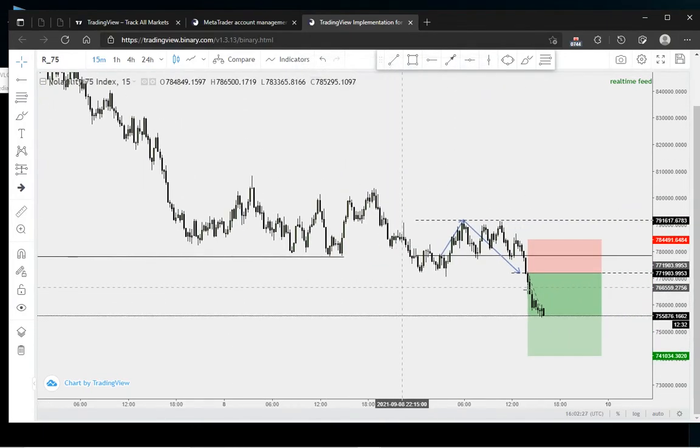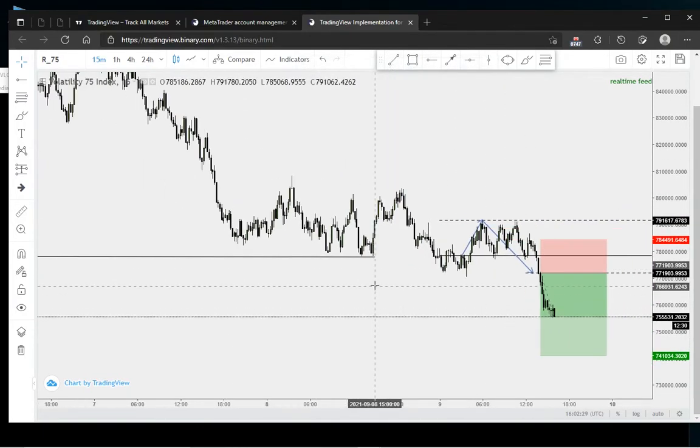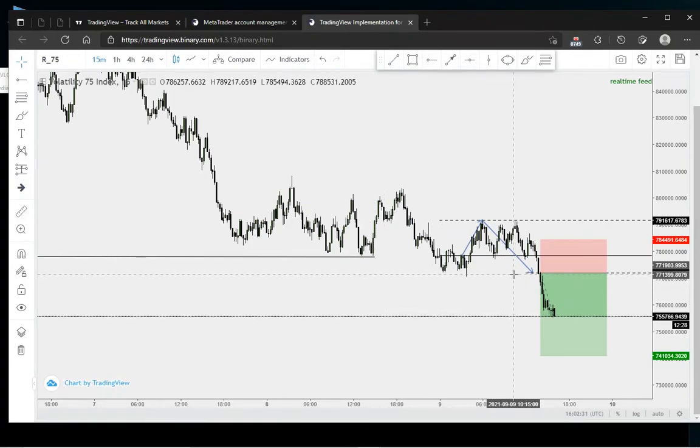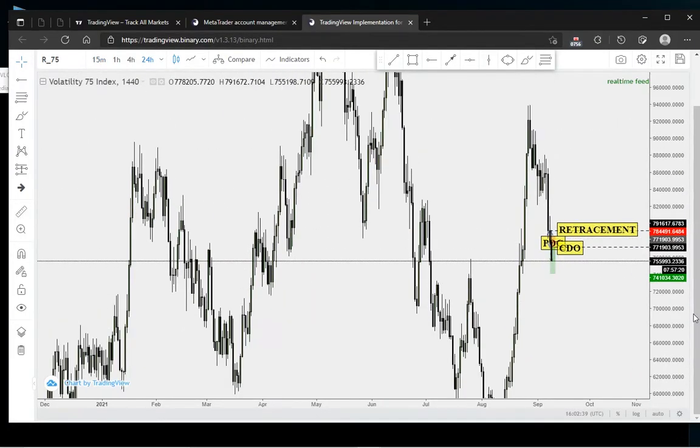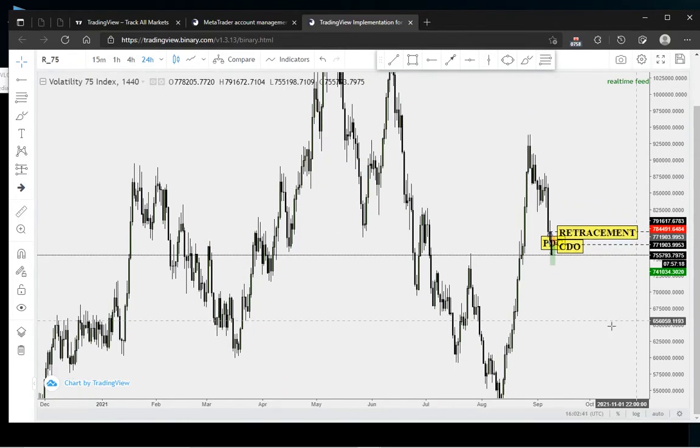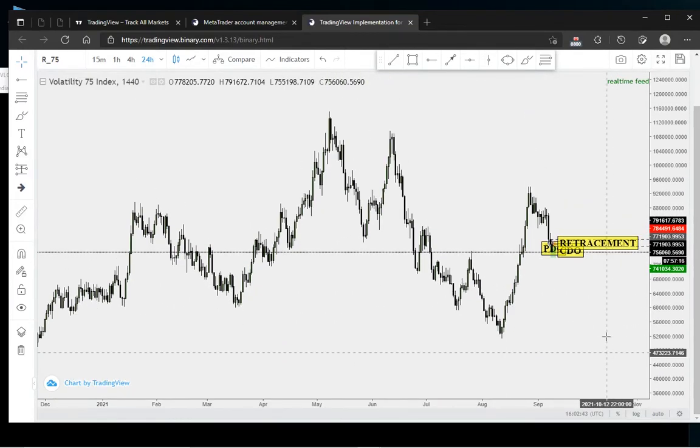Right now, I'm just waiting for prices to do whatever they do. But as I'm talking to you, I'm in this trade and I have my targets. The reason I have my targets is that the overall trend is an upward trend.